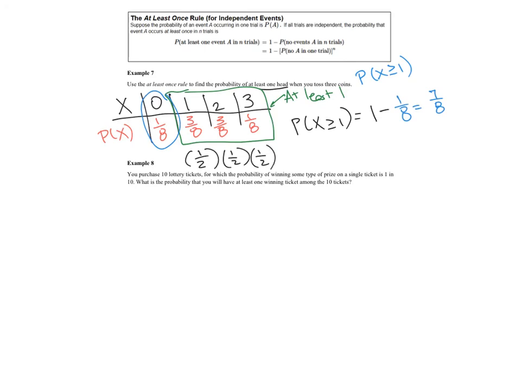Why am I writing it like this? This means that I got no head on the first toss, no head on the second toss, no head on the third toss, which means these are all tails or no heads. 1/2 times 1/2 times 1/2 is 1/8.